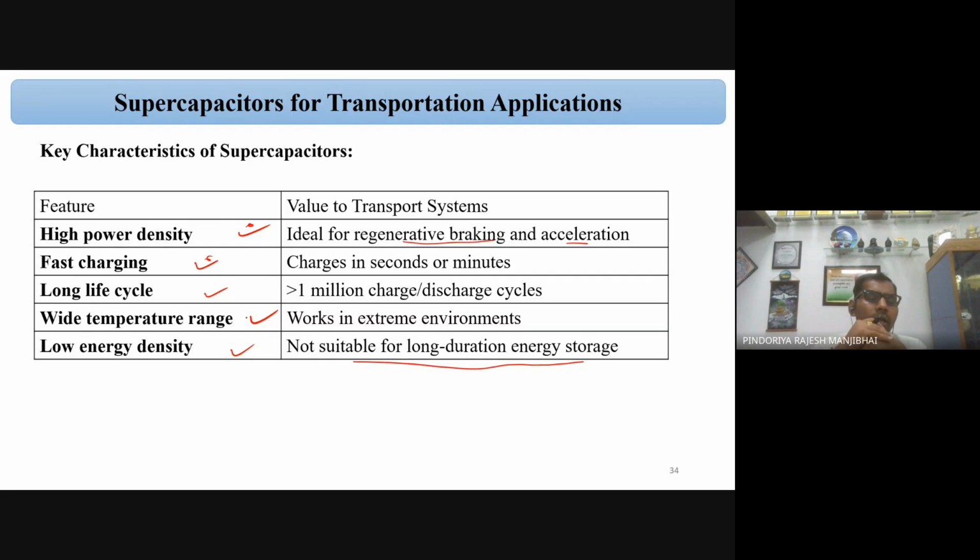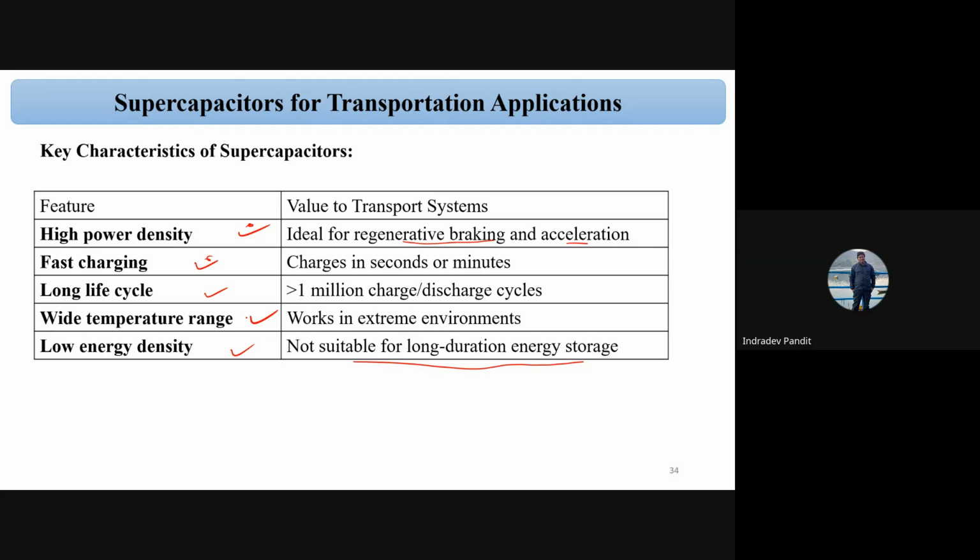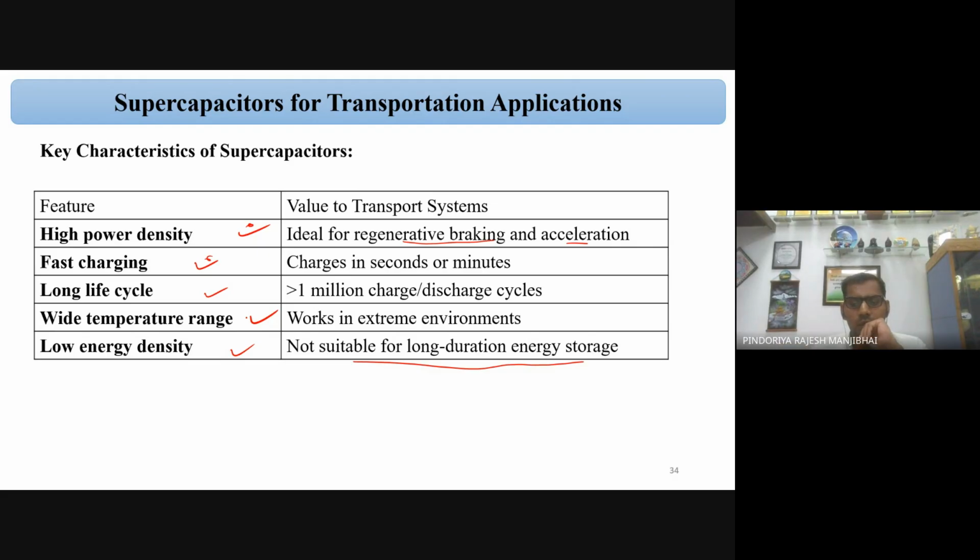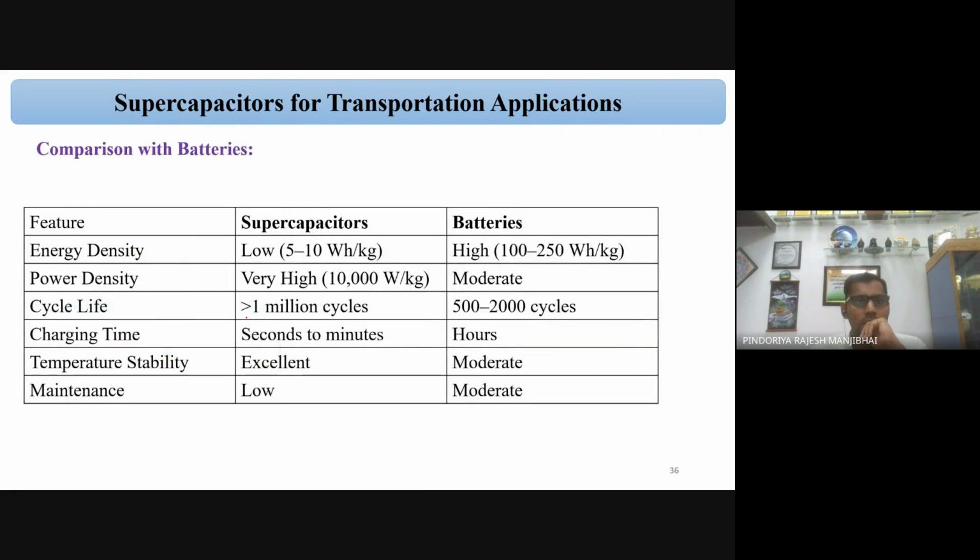What type of dielectric material we can use in the supercapacitor, correct? So I will inform you, otherwise I will discuss the pictorial view of the supercapacitor in the next class. Is it okay for you? Okay.